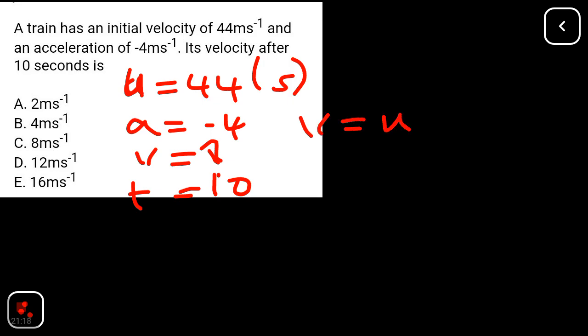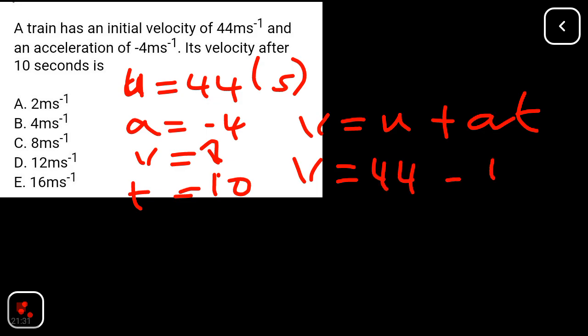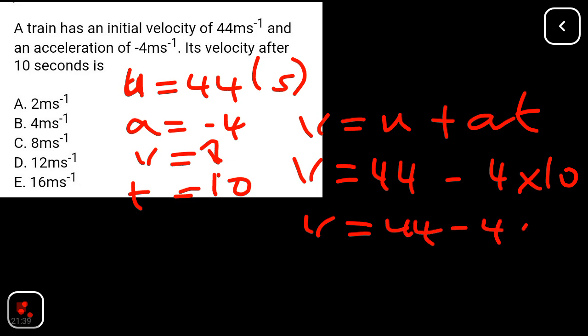So we use the first equation: v equals u plus at. Now here we have minus, so we use minus 4. So final velocity is equal to the initial velocity of 44, minus 4 times the t, which is 10. So you have final velocity is equal to 44 minus 40.